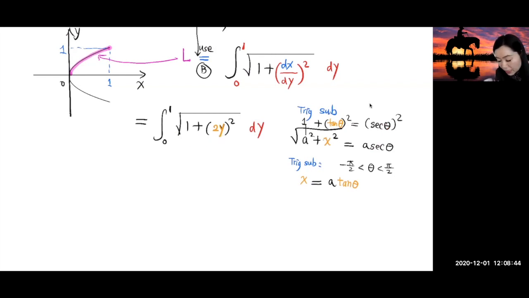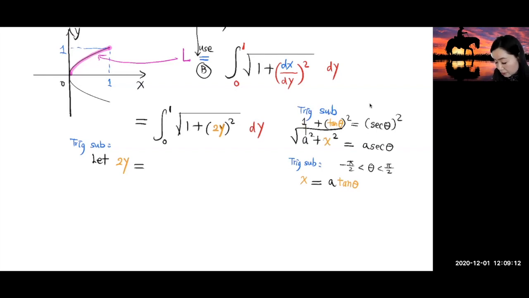So we're going to do trig sub. I'm going to let 2y equal a tangent theta. Here a is 1, so that will be tangent theta.